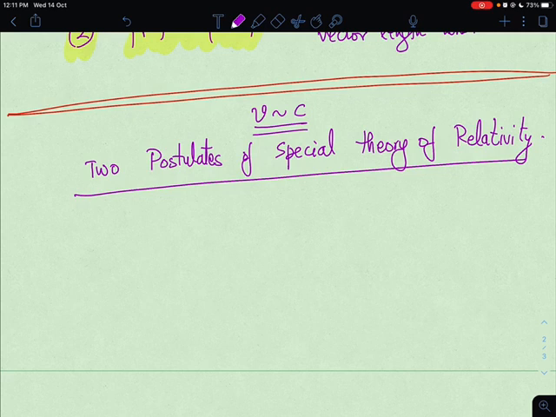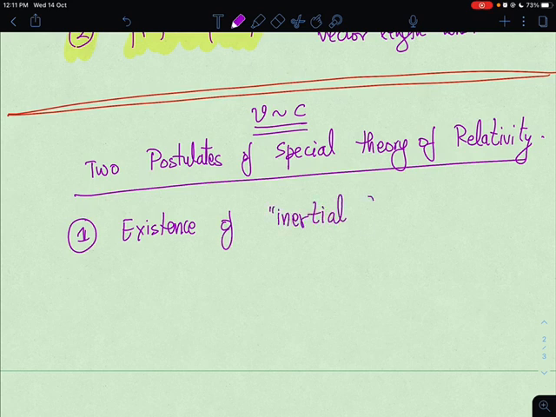One of the first things is the existence of inertial frames. What does it say? There are these frames, which you can define with distant stars and everything, in which all the physical laws are the same.